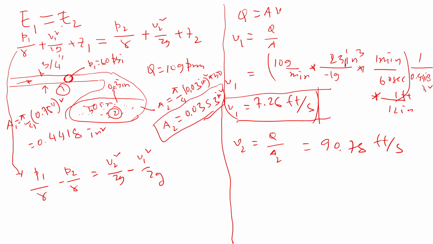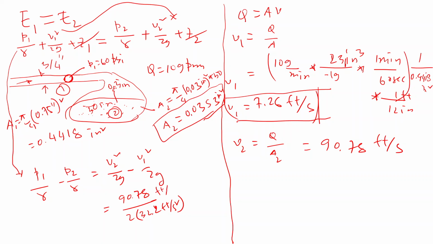I just rearranged this, taking V1 to this side, and assume Z1 and Z2 are the same, at the same level of elevation, or ignore the very tiny amount of elevation difference. So here V2 squared is 90.78 by 2g, where g is 32.2 feet per second squared.